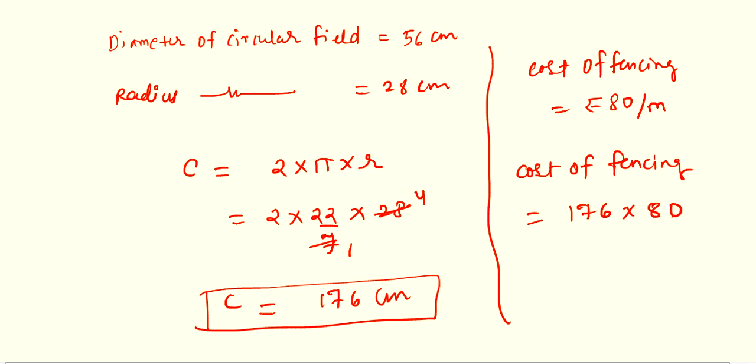So multiply 176 and 80 and you will get your answer. So rupees 14,080 is the required cost for the fencing. Clear?